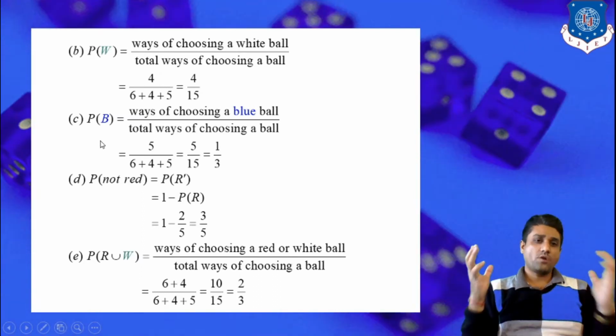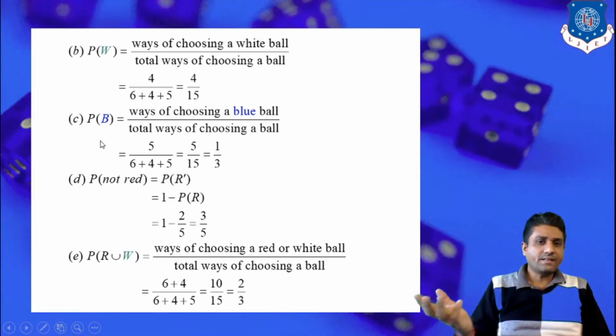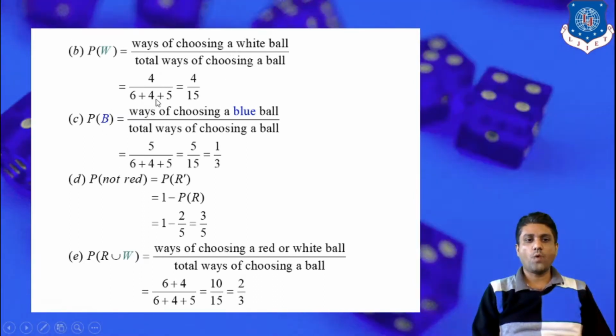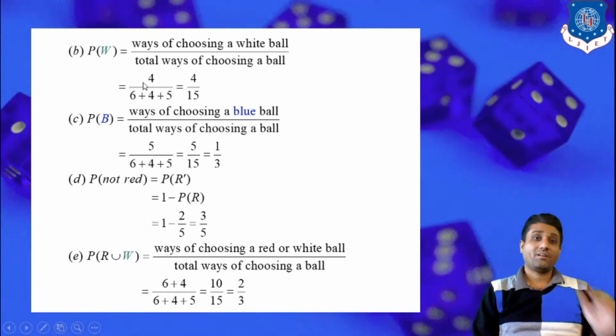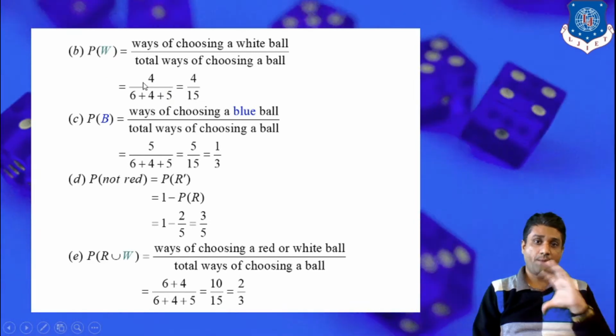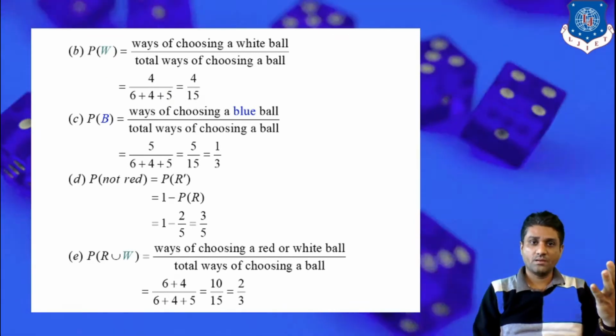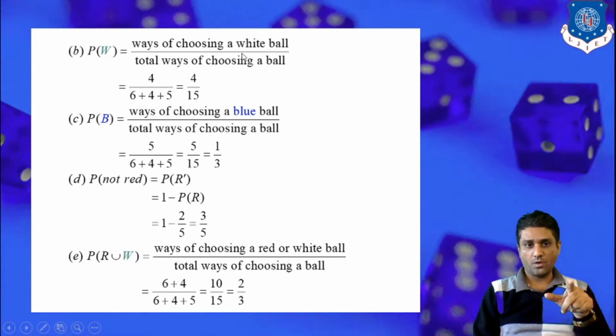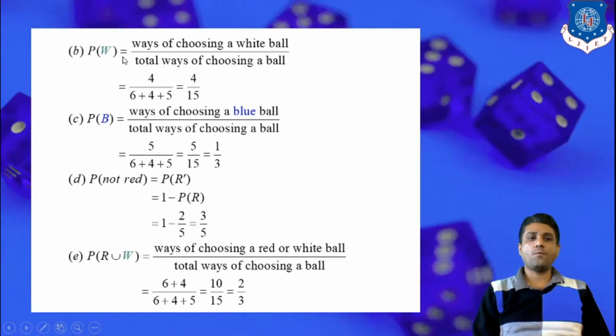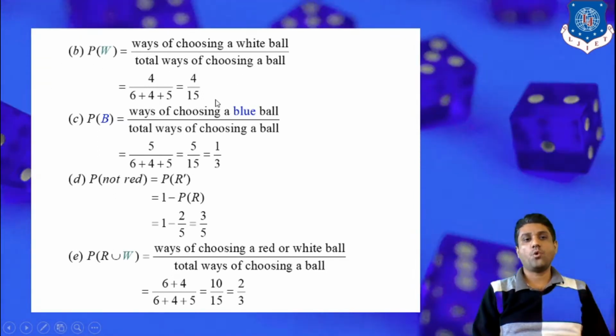Remember, the total number of balls in the box is as it is: 6 red, 4 white, 5 blue, so the denominator is 15 as it is. But the favorable outcome in the numerator has changed. In the first option the favorable outcome is a red ball, whereas in the second option it is a white ball. So only the numerator has changed, and the probability of getting a white ball is 4 divided by 15.